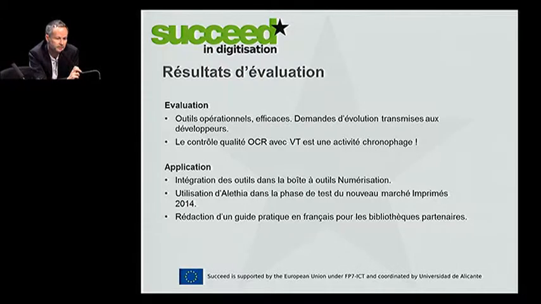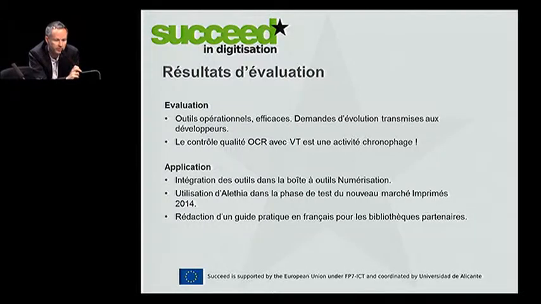Now, these tools are part of our toolbox. They are being used currently in the test phase of a new heritage digitization market that is going to begin soon. And we've produced about 50 pages of ground truth, particularly using Alicia.